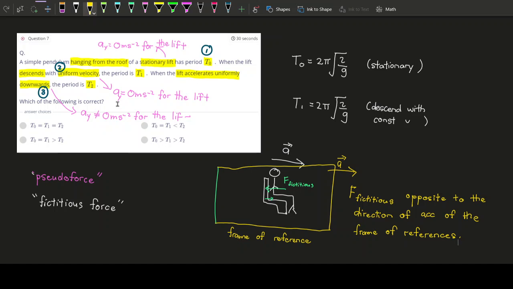So for this case, our acceleration, we are accelerating downwards actually. So if we are accelerating downwards, you can think of it as creating a fictitious force towards the pendulum. Okay, now let me draw the situation.